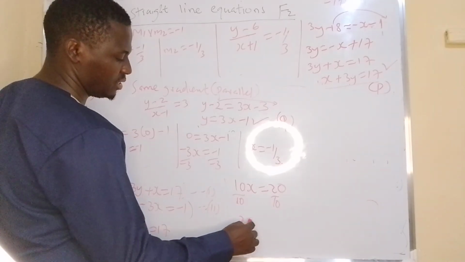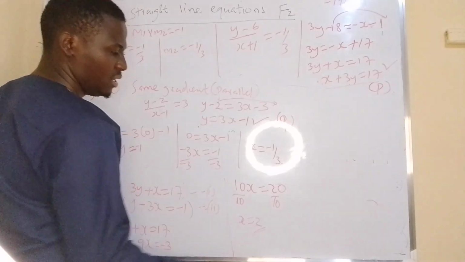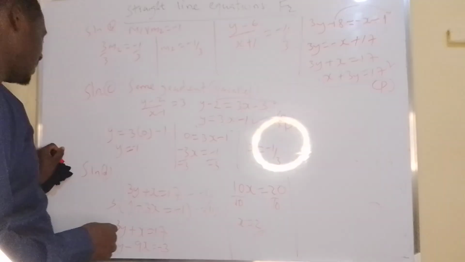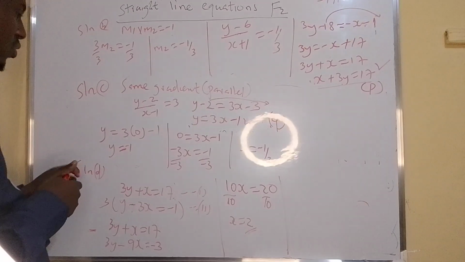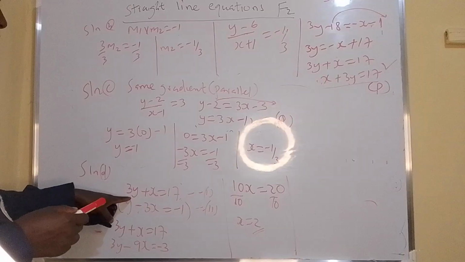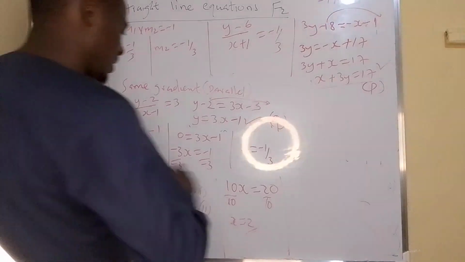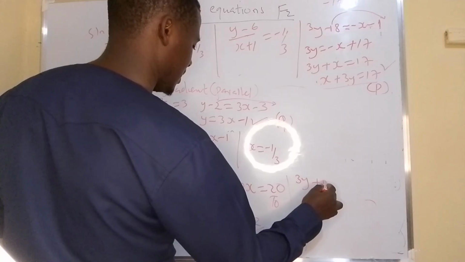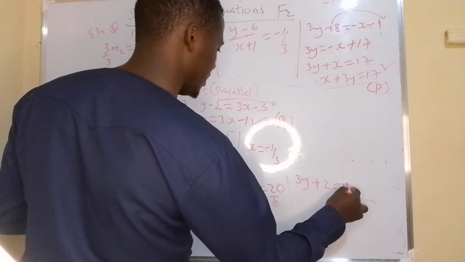The value of x is 2. Now, when x is 2, what is y? Substitute in equation 1: 3y plus x, where x is 2, equals 17.